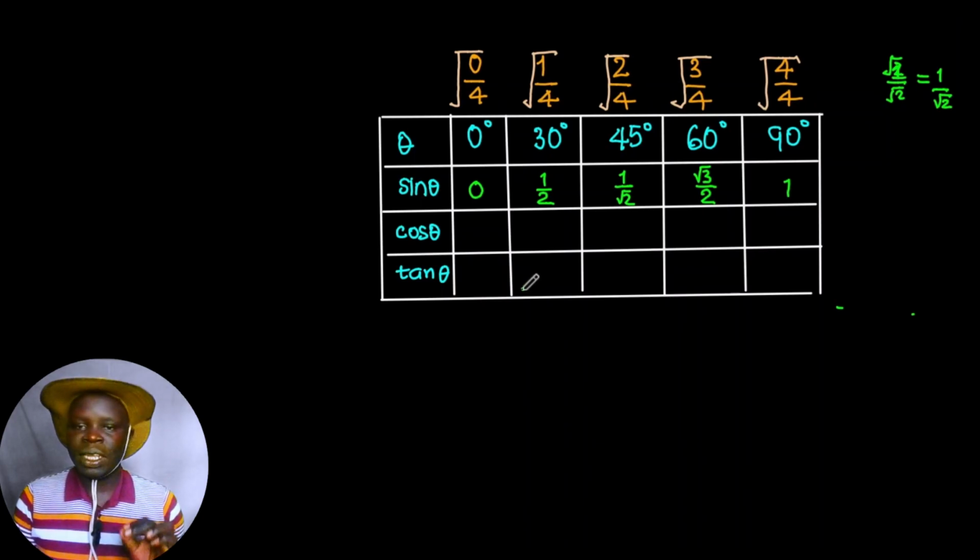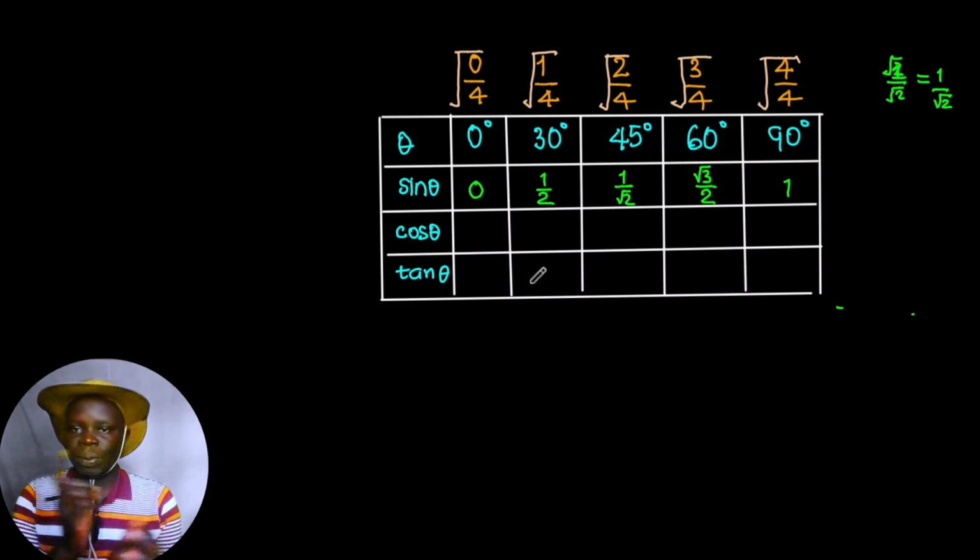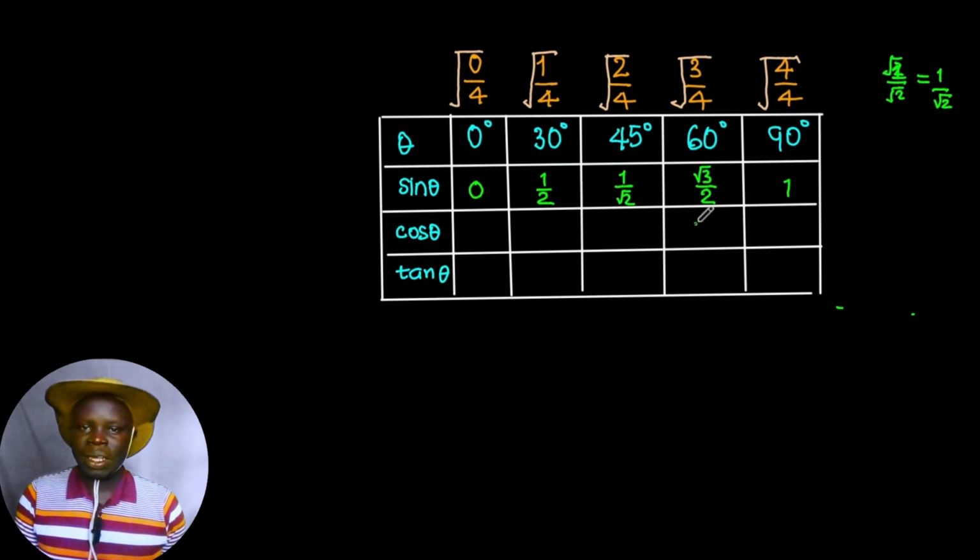Cosine is extremely easy. What we have to do is take these numbers, starting with 1, and bring it here. Then take the next and bring it here. That is root 2 over 2. Take the next one, you bring it here. And you notice that sine and cosine of 45 are the same.